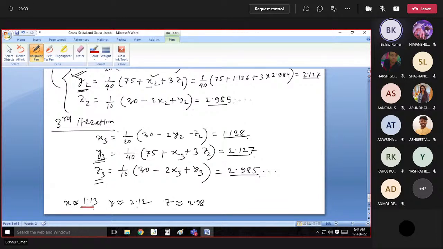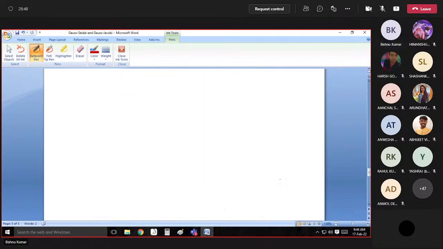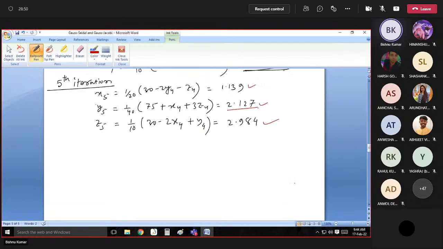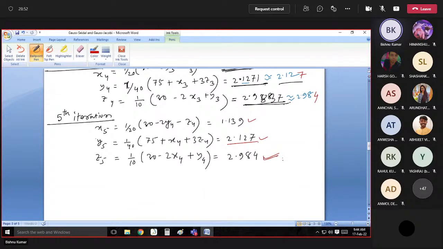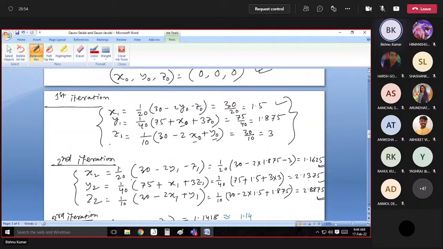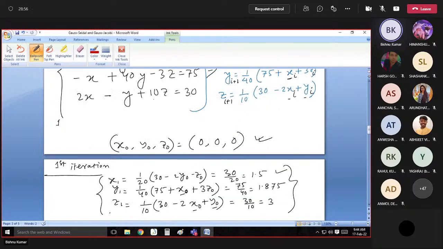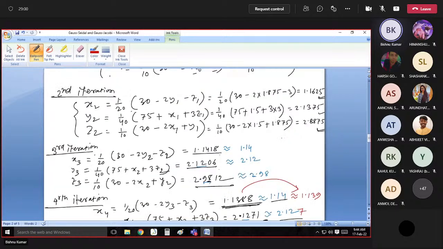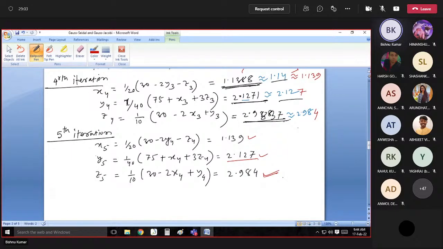In the Gauss-Seidel method, in last class, we got 2.127 up to 3 decimals. Y was 2.12, and Z is 2.984. That I got today here. We just see 2.984. The same system we have considered, and in this case, no initial condition is given to you. By considering 0, 0, 0, after doing some steps, we are getting the matching results.